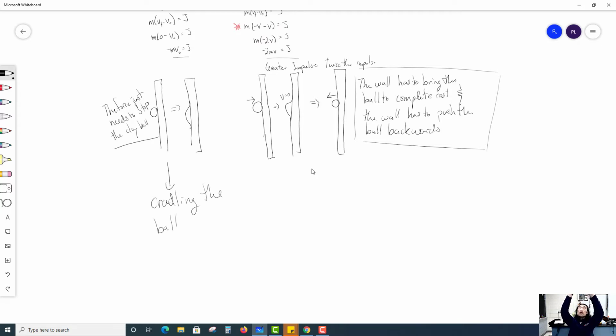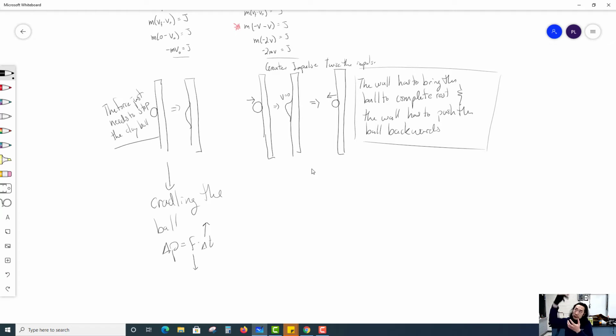As the ball hits your hand, you move with the ball, so you're decreasing the force by increasing the time. F times delta t: as the ball hits your hand, you move with the ball, so you're increasing the stopping time. That means there's less force on your hands and less force on the ball. Because more force on the ball means the ball will probably bounce out.